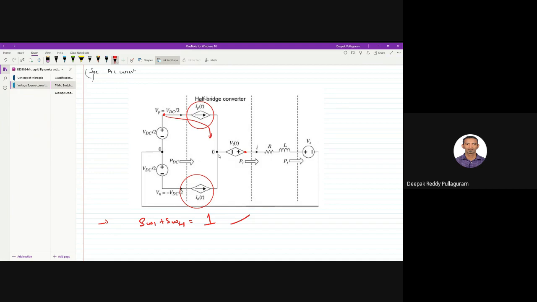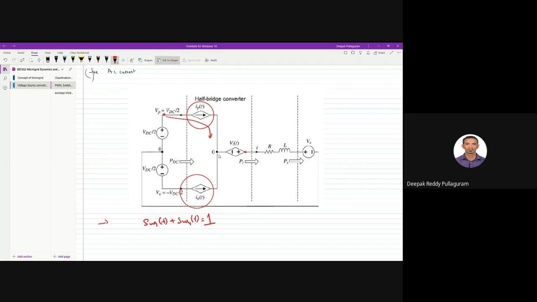If both are off, the system is in non-conduction mode, that is, zero current will be flowing, isn't it? So in combination, we can say that at any instant of time SW1 of t plus SW4 of t will be 1. Rule number 1.